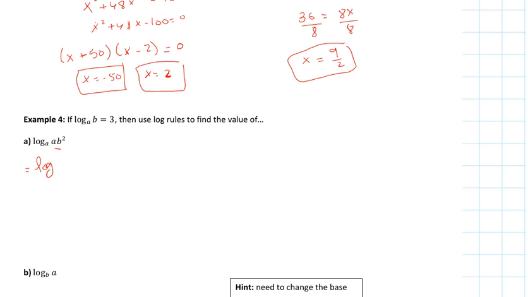I'm going to try to make it similar to this because then I can replace it with a 3. So that's going to be log base A of A plus 2 log base A of B. So you see now this is similar to what we have here, so I can replace it with a 3. Log base A of A is 1 because it has the same base, plus 2 times 3. So that's going to be 7.